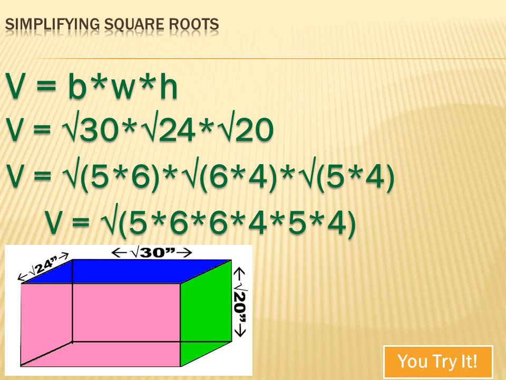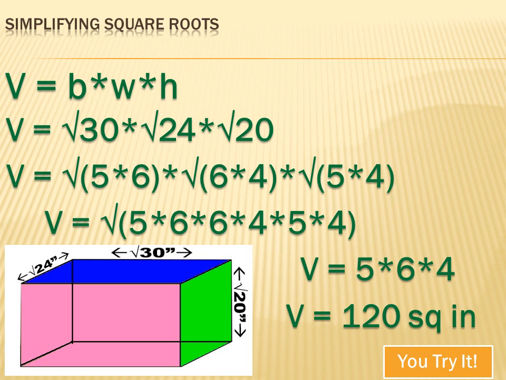Well, now I got a pair of 5s, a pair of 6s, and a pair of 4s. So I've got the square root of 5 squared times 6 squared times 4 squared. And I could rewrite that the volume equaled 5 times 6 times 4. And 5 times 6 times 4 equals 120 square inches.